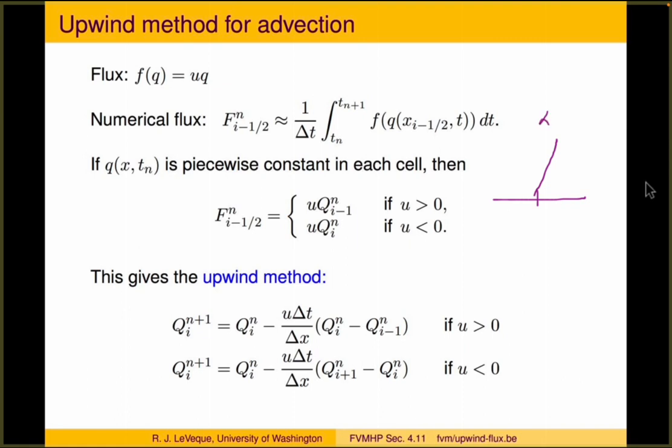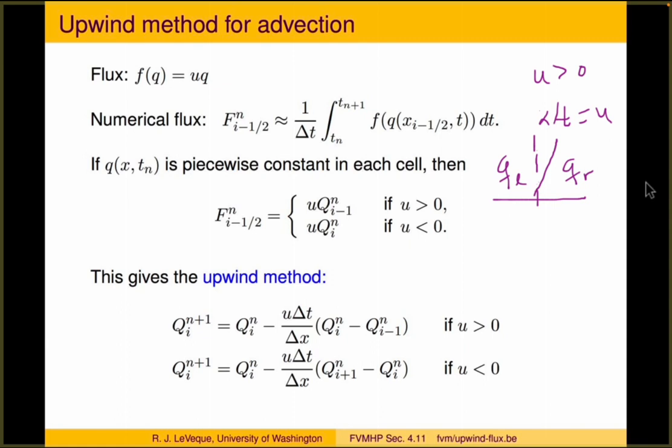Say this is x over t equals u, the speed of the one characteristic coming out of the Riemann problem in the case u positive. The Riemann solution would have value ql everywhere to the left and qr everywhere to the right. And so the value along the center line here would be exactly the left state.